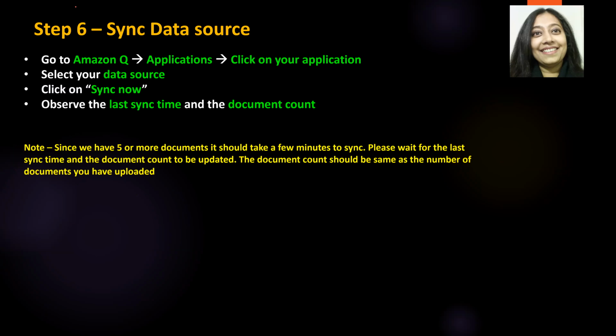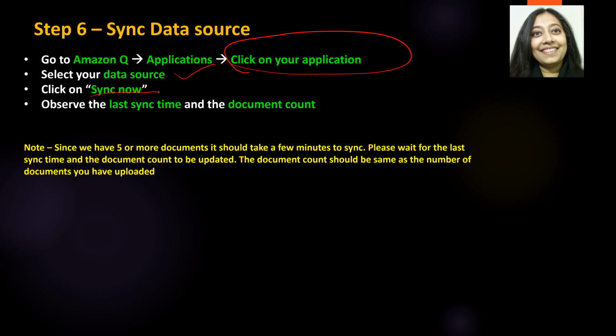Now, sync data source. So again, we will go to Amazon Q applications, click on our application, select a data source, and then click on sync now. Now, after you click on sync now, be a little patient. It takes a while. Remember that we have 9 documents. Depending upon the number of documents that you have uploaded, it may take certain amount of time, probably a few minutes.